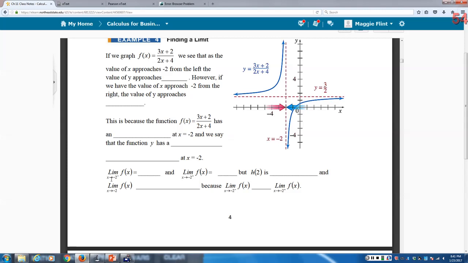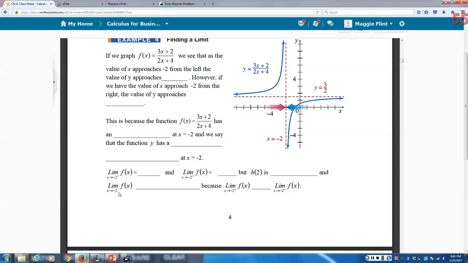So the limit as x approaches negative 2 from the negative side is positive infinity. And the limit as x approaches negative 2 from the positive side is negative infinity. And f of negative 2 is undefined.